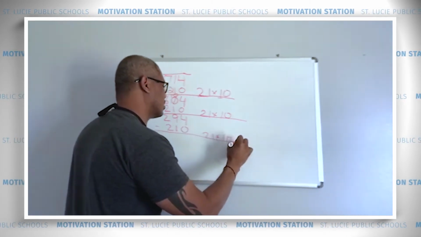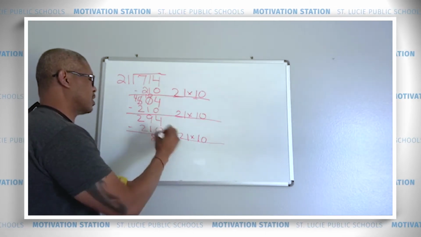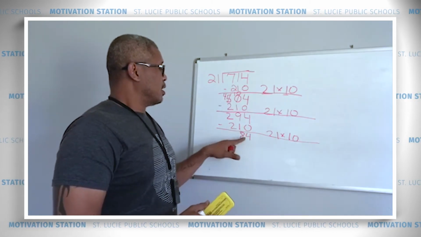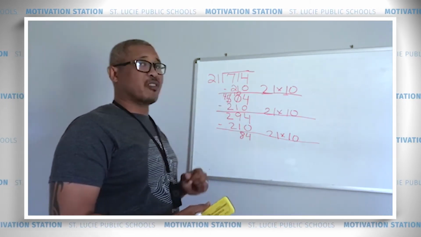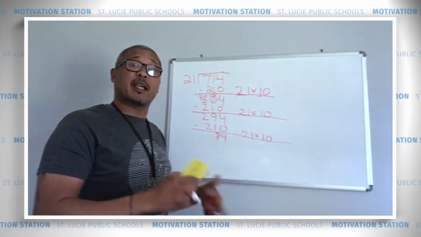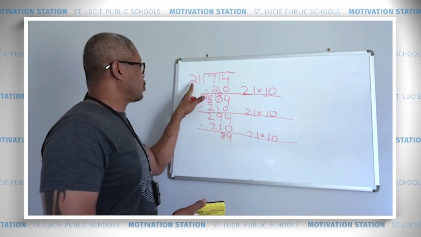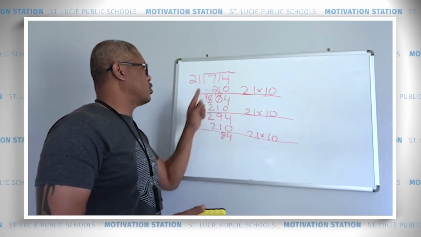Again, subtract, and I get 84. So far, the remainder is still not less than my divisor, so that's telling me that I can continue. But here, I cannot multiply 21 times 10 again, because that would be too much.